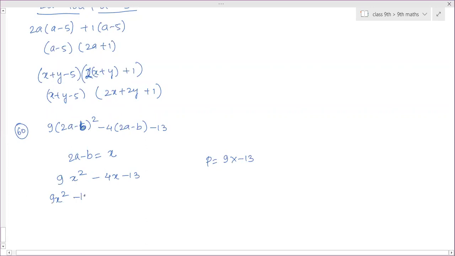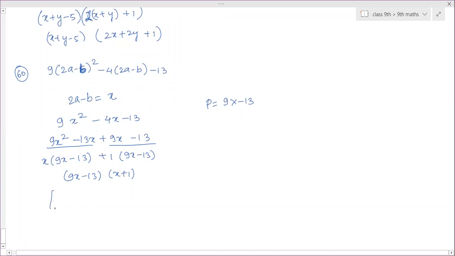So 9x square minus 13x plus 9x minus 13. Common is only x. 9x minus 13, plus here nothing is common, that is 1. 9x minus 13. So 9x minus 13 into x plus 1. So now we replace the value of x.